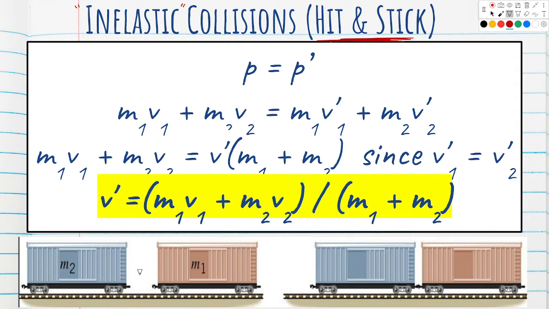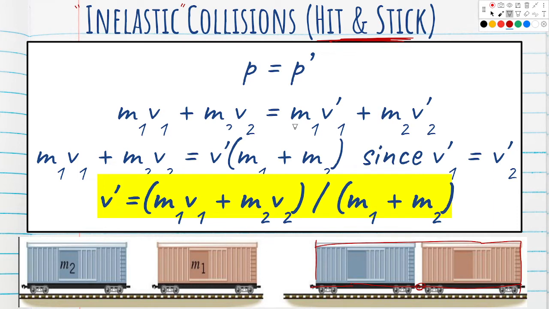They could be moving towards each other, or like the bowling ball and pin, maybe one's sitting still and the other slams into it. Maybe they're both moving to the right, and the other one hits it from behind. Whatever. But afterwards, they're moving as one unit. They're stuck together. So that's why I like to call it the hit and stick formula.